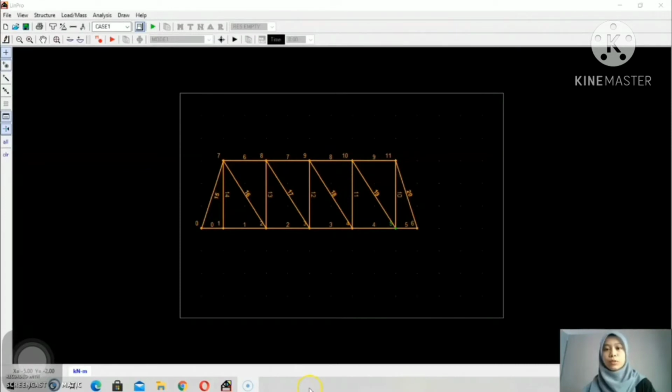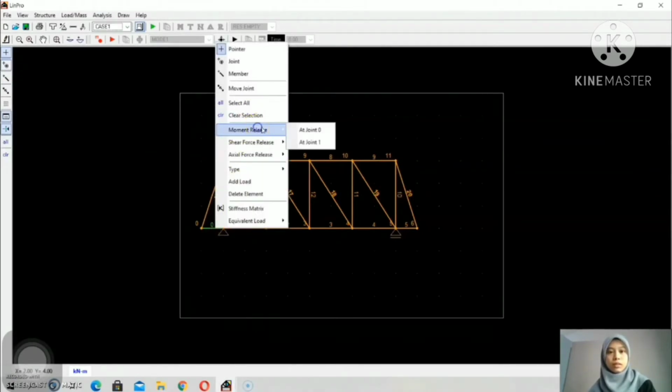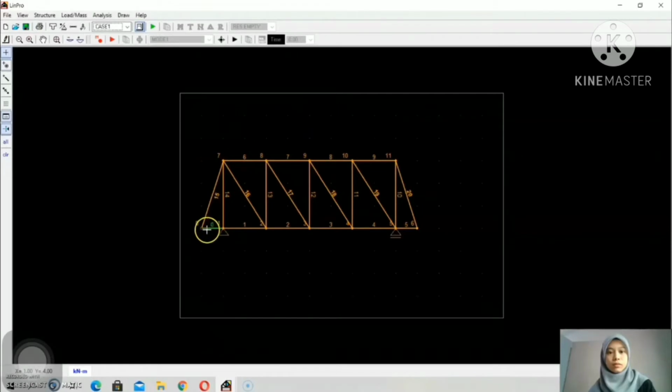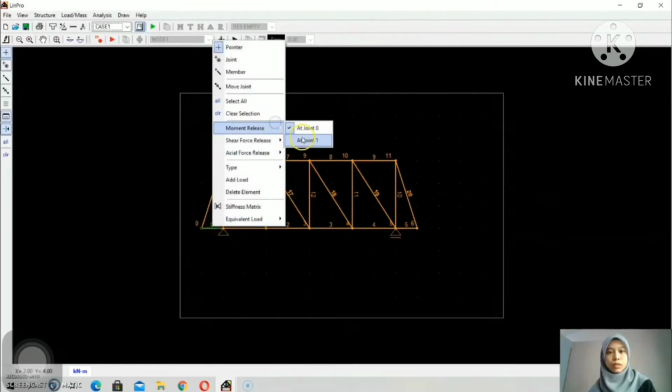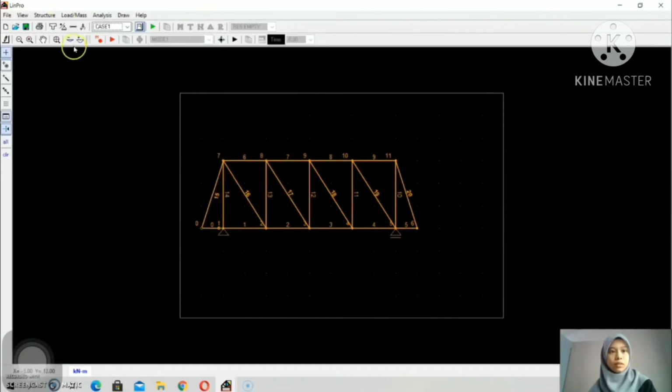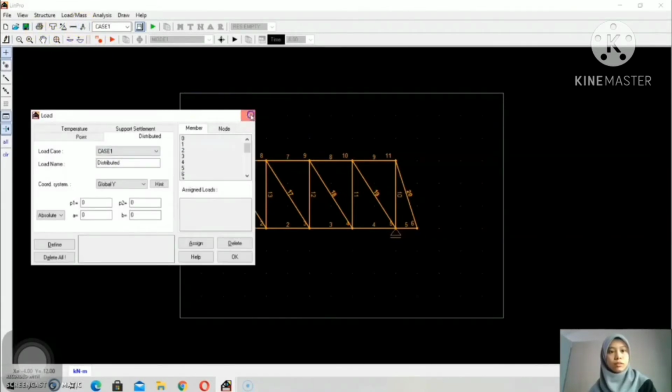And then you put support at here. Okay, and then you release each member. For example, this, release it for the moment. And then you go to here to release all.